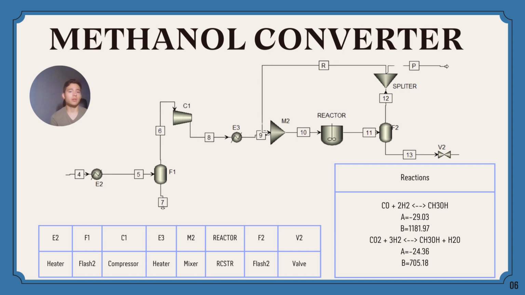For example, we take exchanger number two. We need a hot stream, so the separator has a more efficient process and separates more of the heavy components in the stream, such as water.